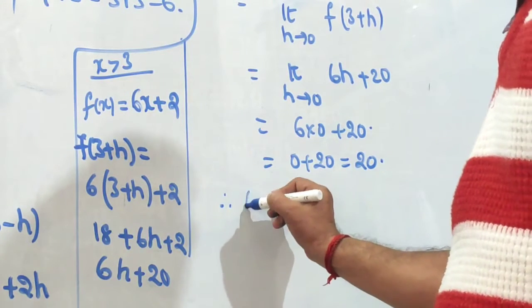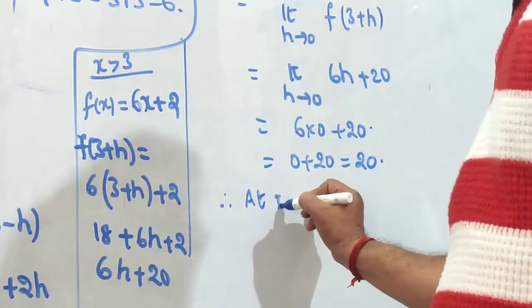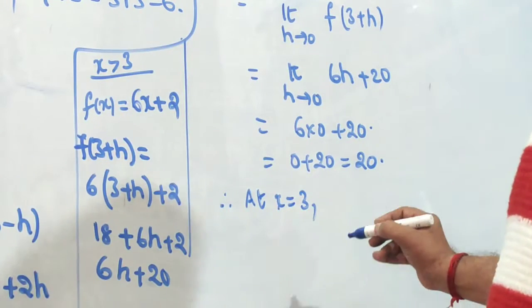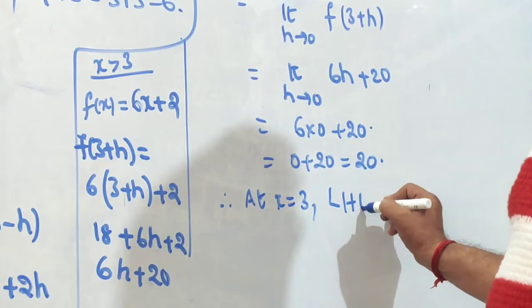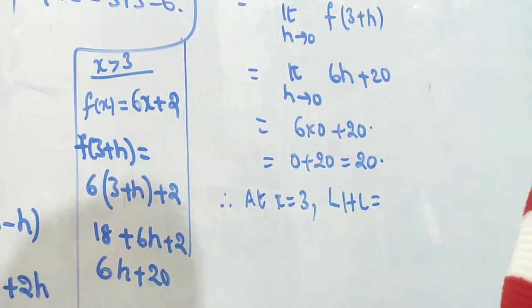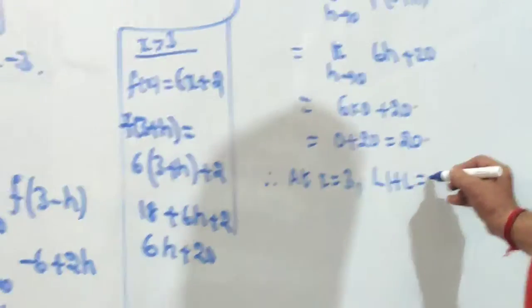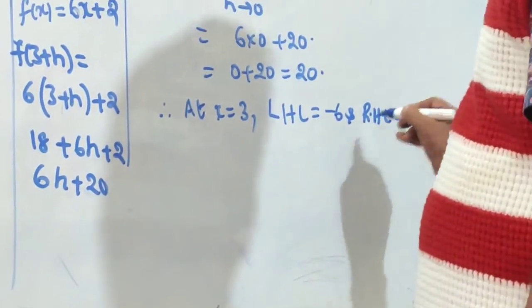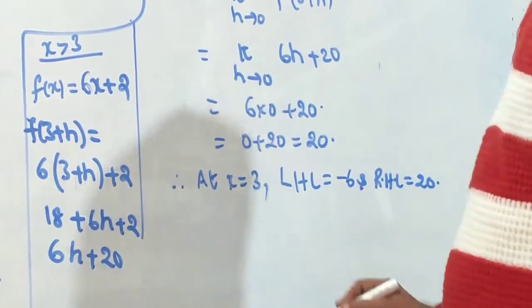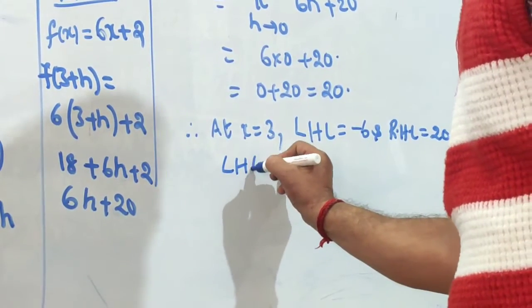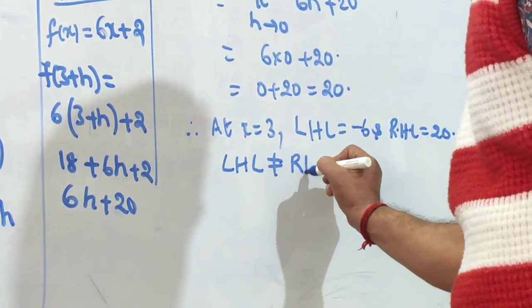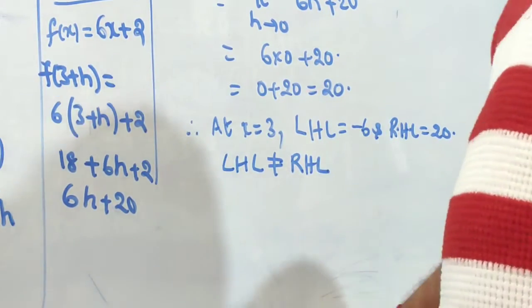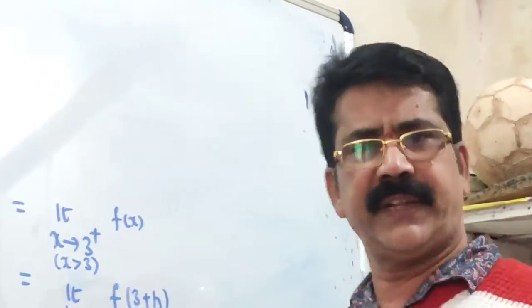So therefore, at x equal to 3, the left hand limit is minus 6 and the right hand limit is equal to 20. So therefore both are different. Left hand limit is not equal to right hand limit, and we need not find the f of 3 value.